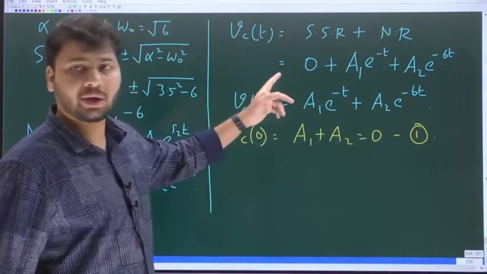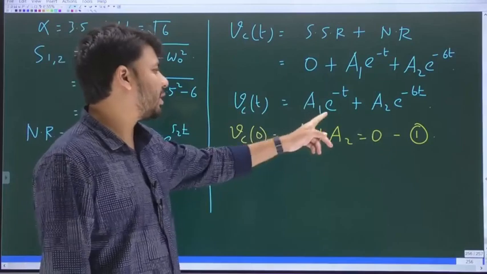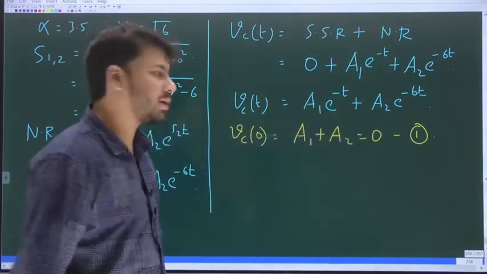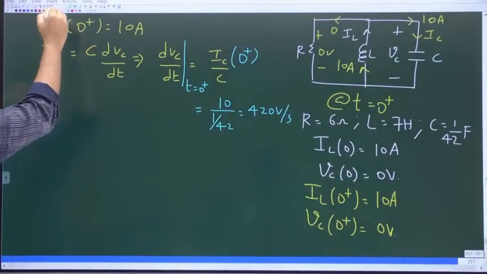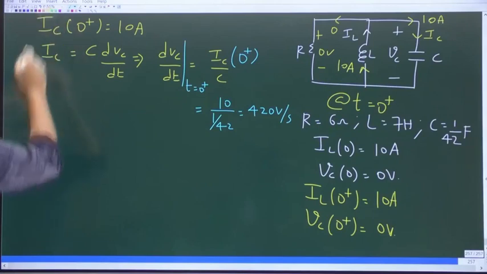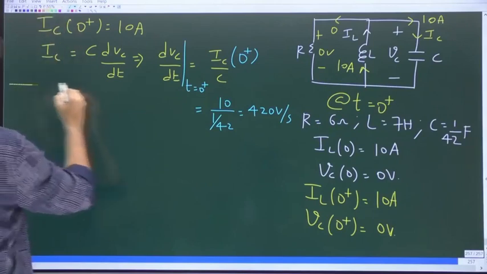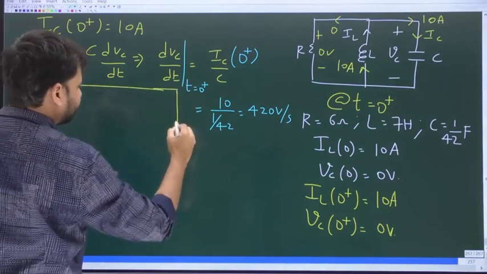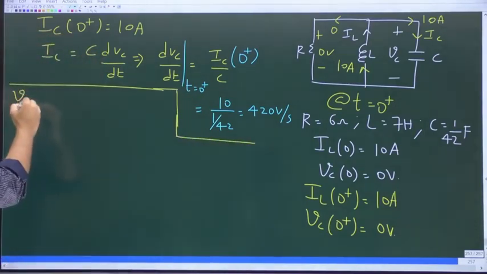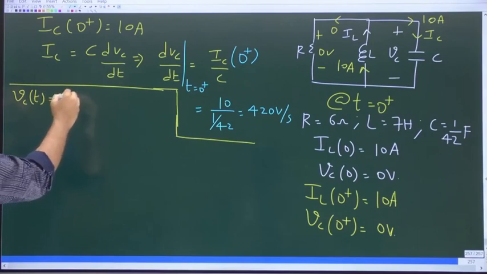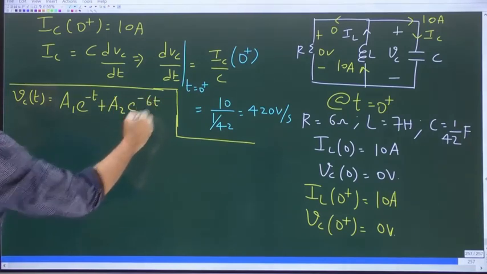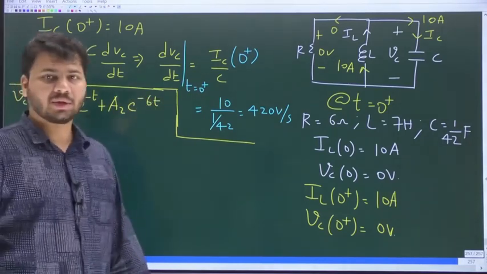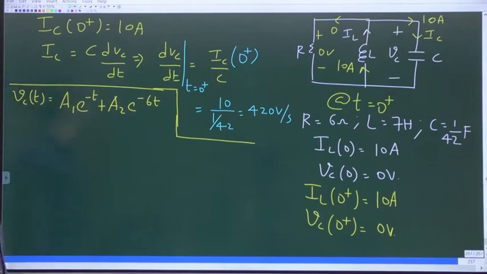Let us go back to our expression for Vc of t, which is a1 e power minus t plus a2 e power minus 6t. Now let us differentiate both sides with respect to time.